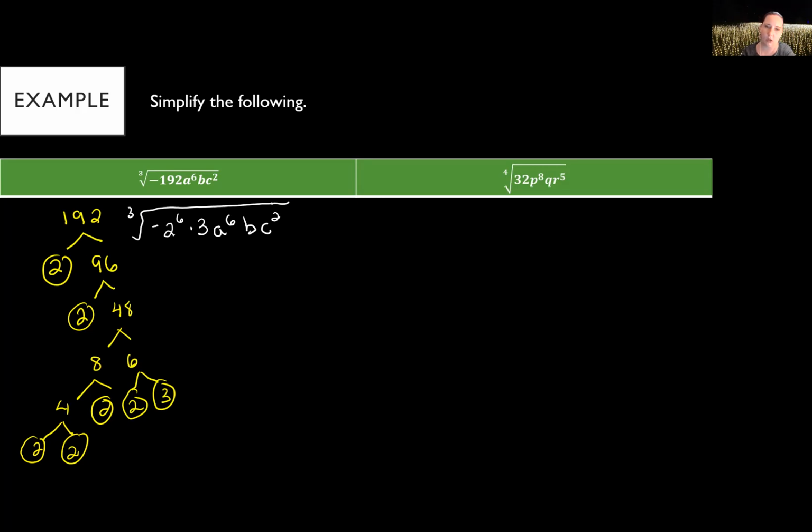Now I'm going to take all the exponents I can divide by 3 and move them in front, and then everything that I can't divide by 3 to the back, basically. And I'm going to keep that negative. And then I've got my 3bc squared.